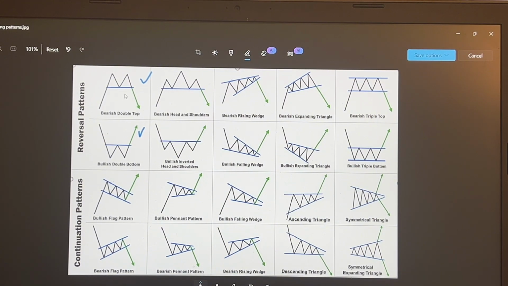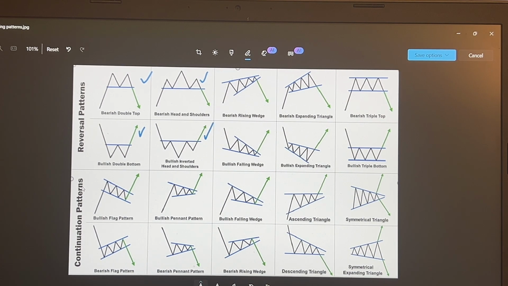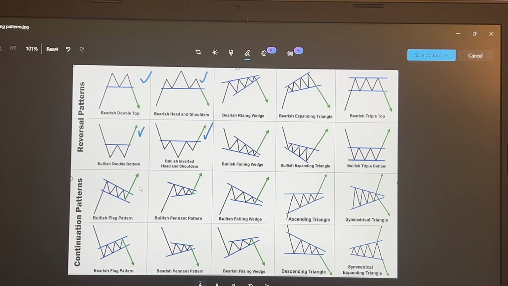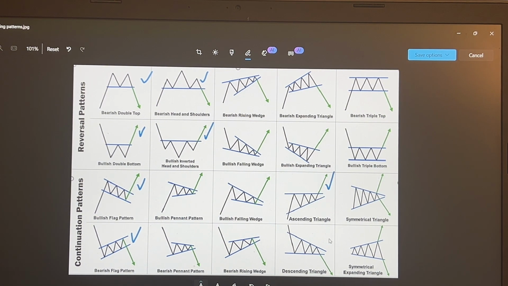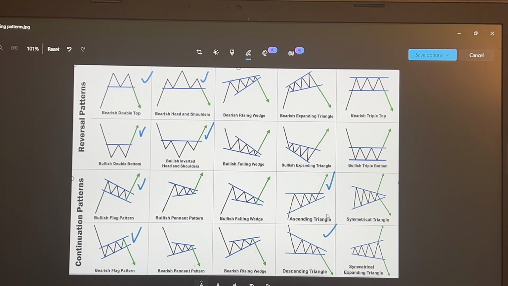It's just the same pattern upside down, and we'll be covering bearish head and shoulders, and bullish head and shoulders. Two reversal patterns and two continuation patterns. So maybe we'll do a bit more. We'll go for bullish flag patterns, and bearish flag patterns, and then maybe we'll cover ascending triangle and descending triangle. So we'll be covering 8 chart patterns today.